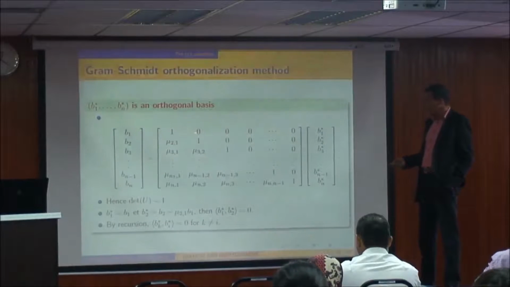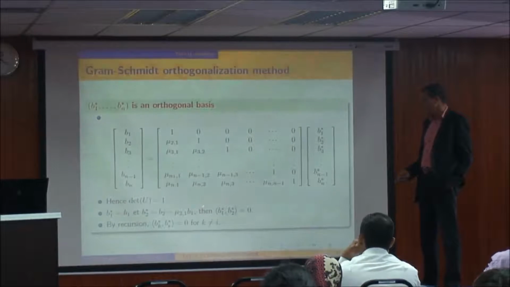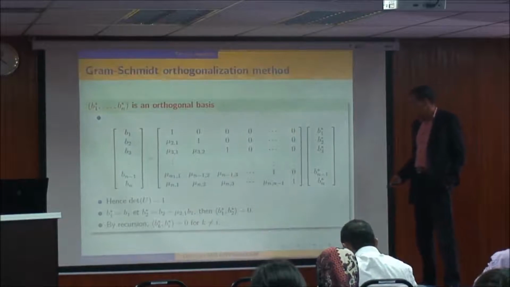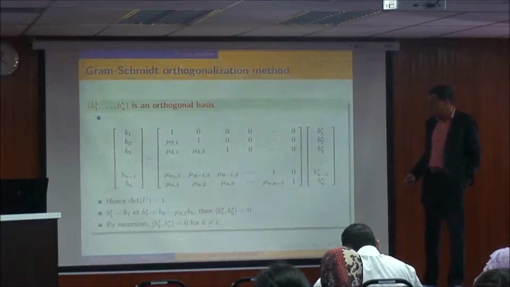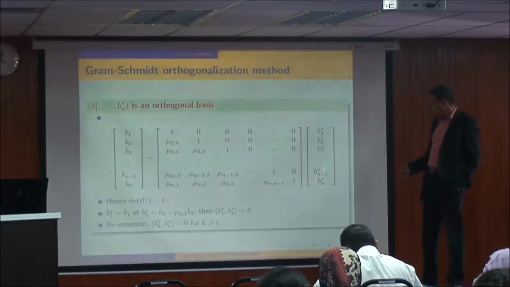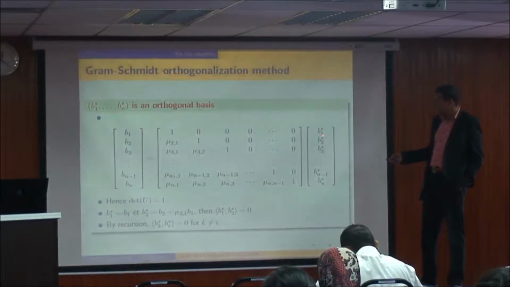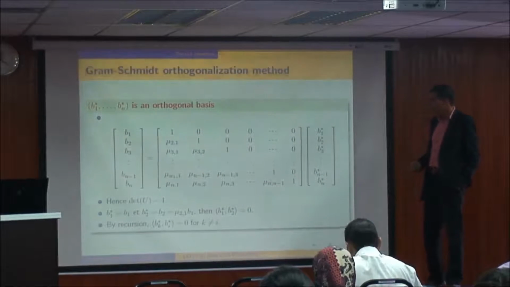This matrix has determinant 1, and the inner product of two vectors in the star basis is always equal to 0, so all the vectors are orthogonal, but this basis is not a basis for the lattice, just for the vector space.